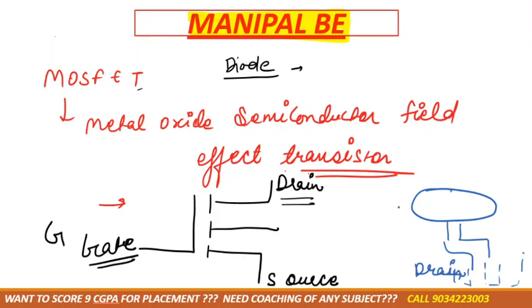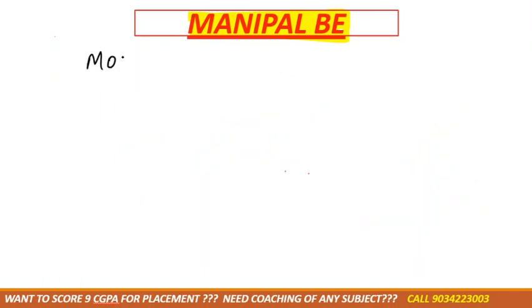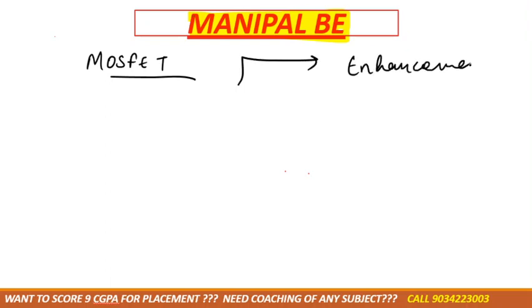From where the water is coming into the tap, that is the source, and from where we can control the flow of water, that is the gate. Okay, clear? So basically MOSFET is divided into two categories: the enhancement type MOSFET and the depletion type MOSFET.